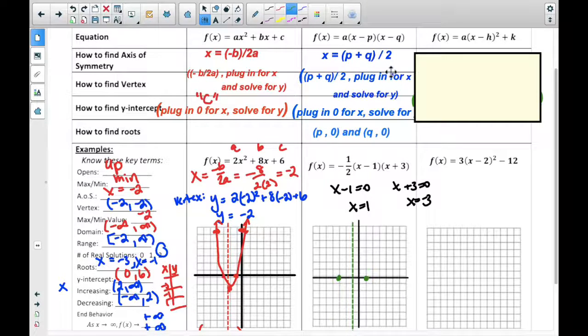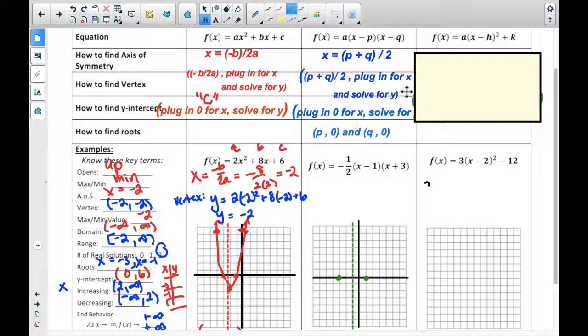The way it is algebraically is p plus q divided by 2. So I could have taken 1 plus negative 3 and divided by 2. And that's negative 2 over 2, which is negative 1, and so I draw my axis there at negative 1. Or you can also just do it like I did it a second ago, just count over to the middle. Either way is fine, but that's how you find the axis of symmetry.